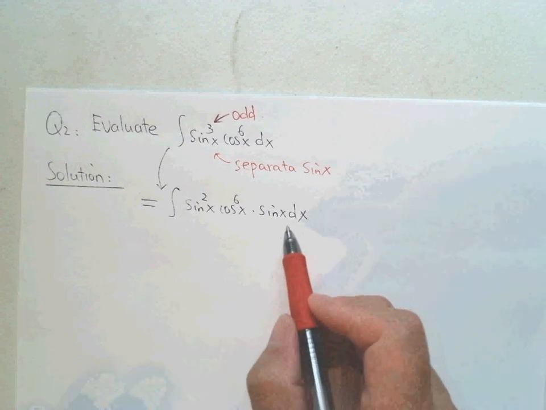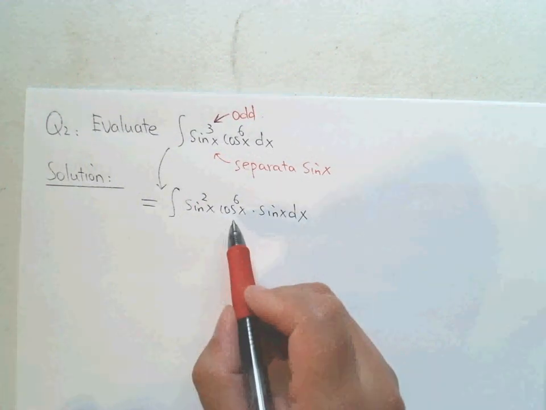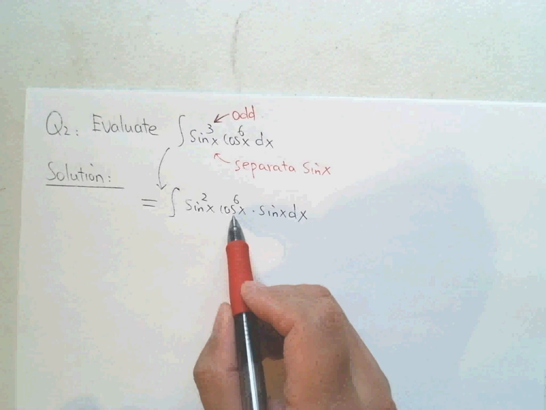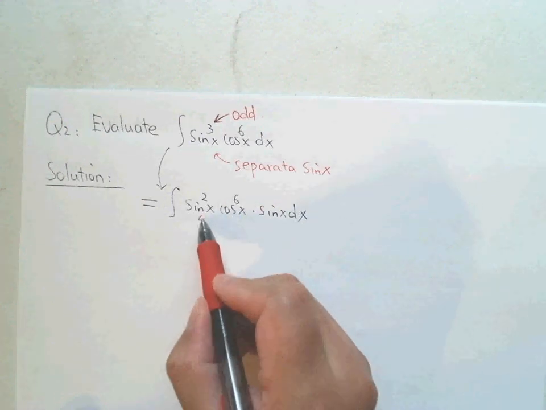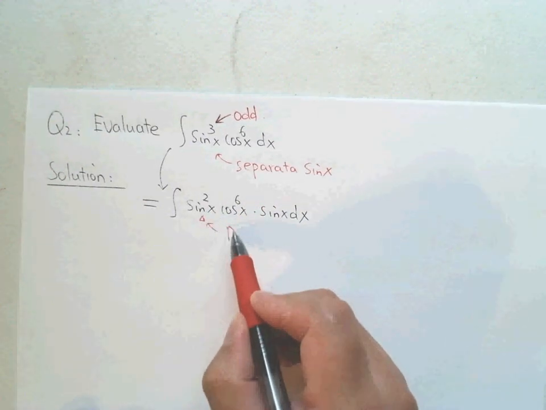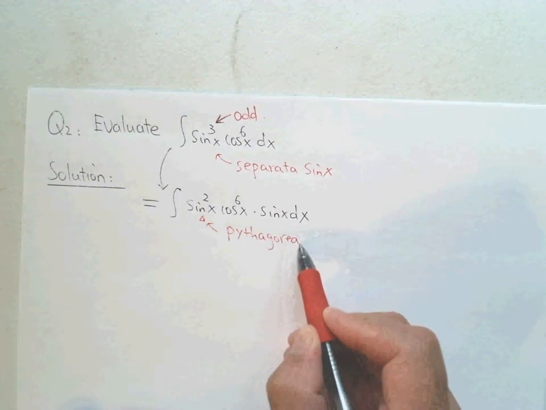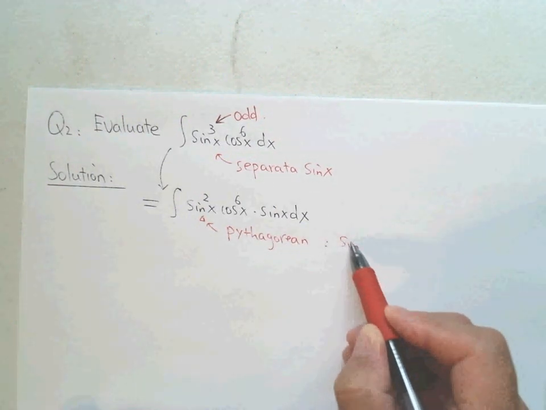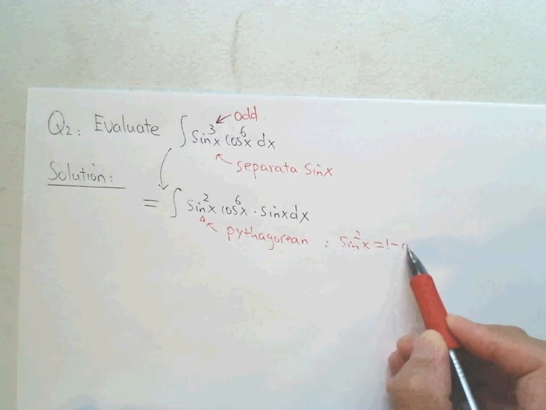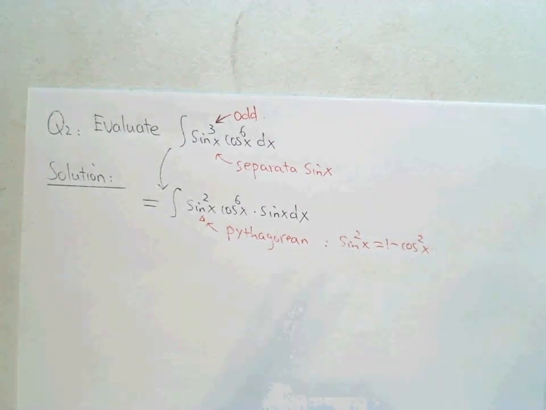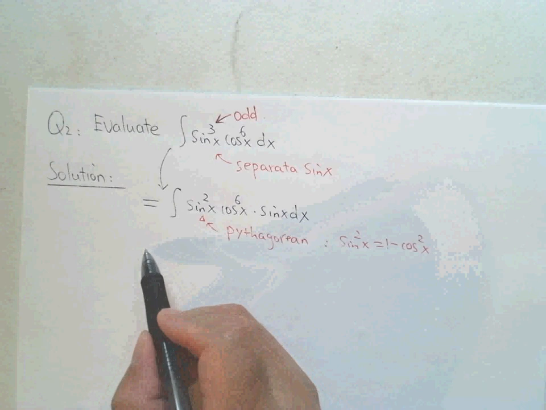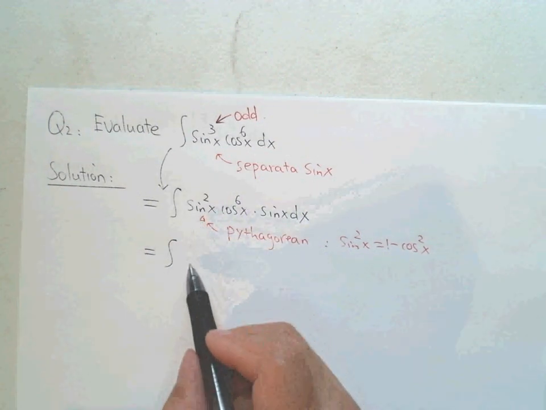Now, before we do substitution, we substitute the cosine, right? This is already u, but this is not. Remember the Pythagorean: sine square equals 1 minus cosine square, right? And then we put it in. What do we have?